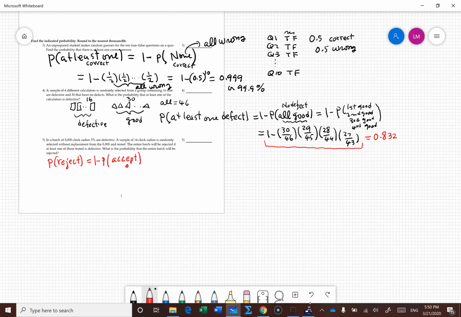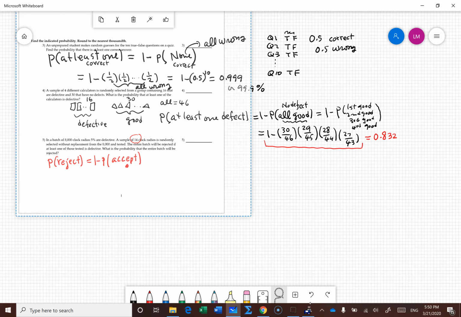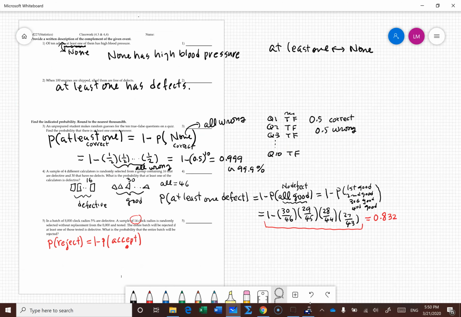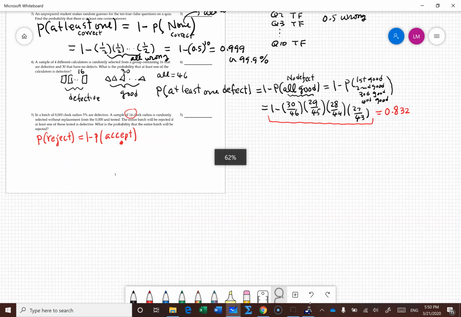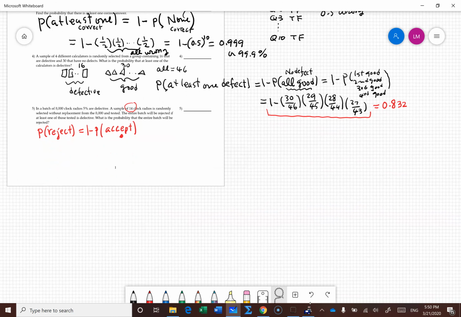So to be accepted, what has to happen? Every one of the 14 clock radios has to be good. So what is the probability of good?